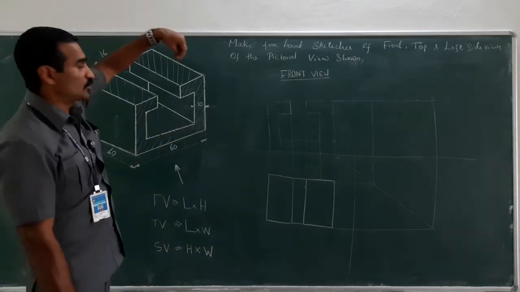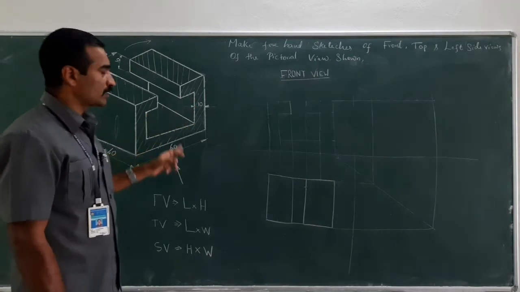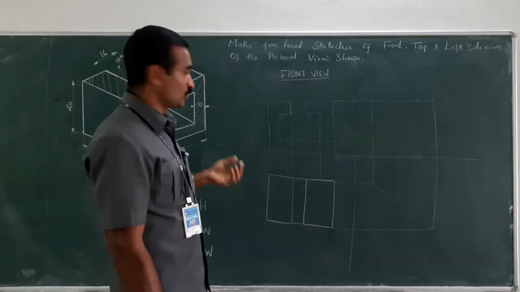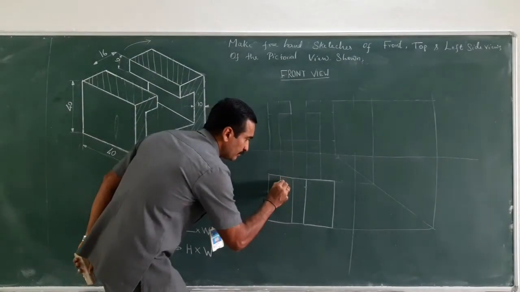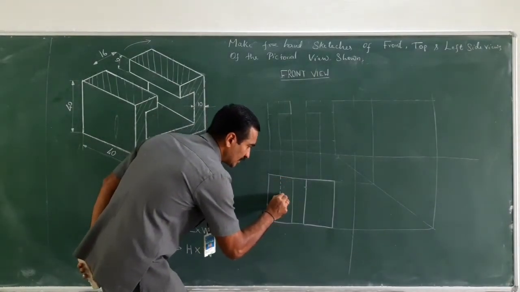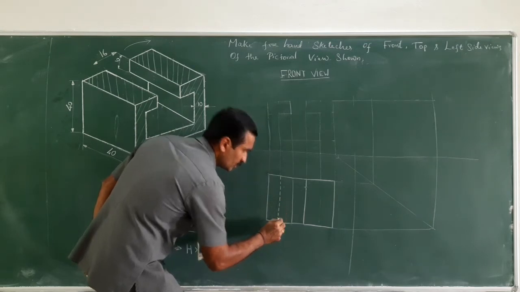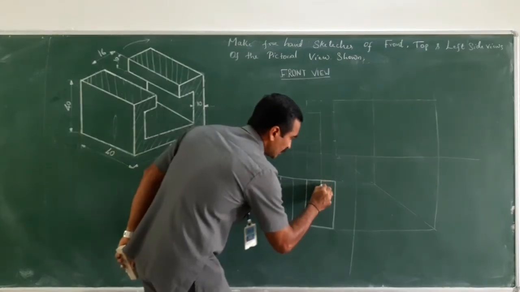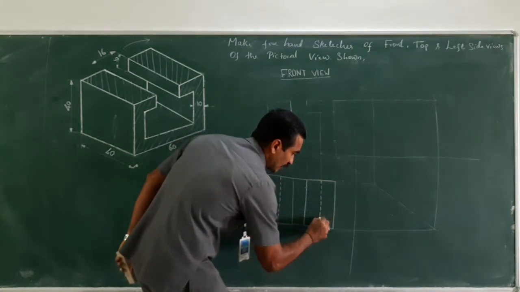When I look at from the top of this particular object, these two edges are not visible, right? So which is nothing but the hidden lines. A hidden line should be drawn with a dotted line or dash line. Hidden line means the particular edge is not visible to the observer.